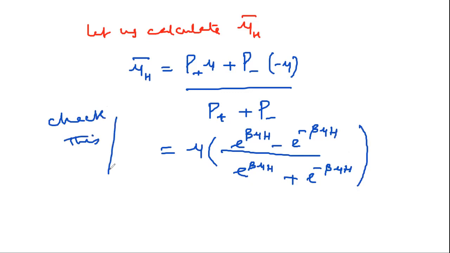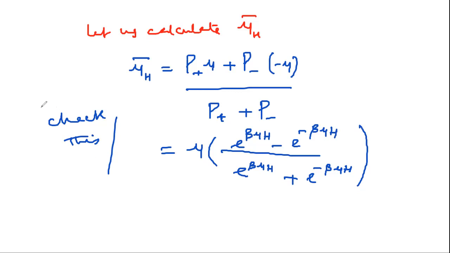So mu h bar is P plus mu, because in that state the probability is P plus and the value is mu, plus P minus times minus mu, over P plus plus P minus. We are dividing by the sum of the states. So it is mu times e raised power beta mu h minus e raised power minus beta mu h over e raised power beta mu h plus e raised power minus beta mu h.